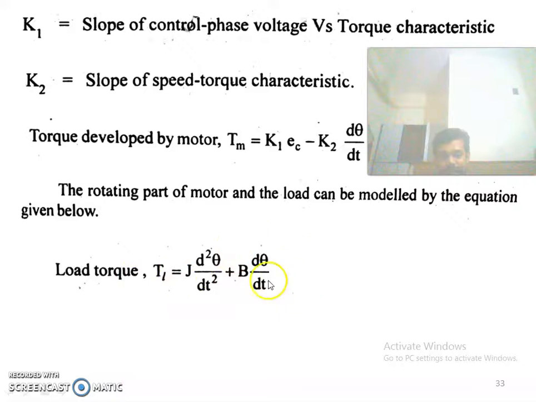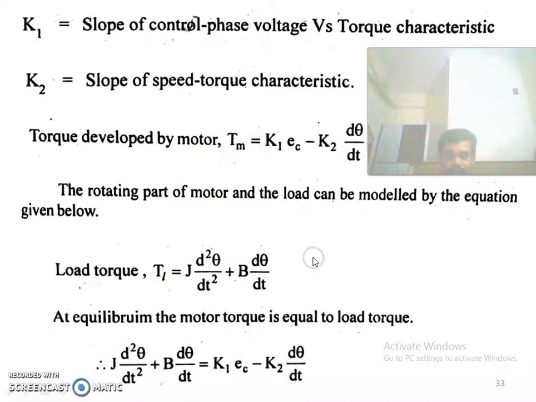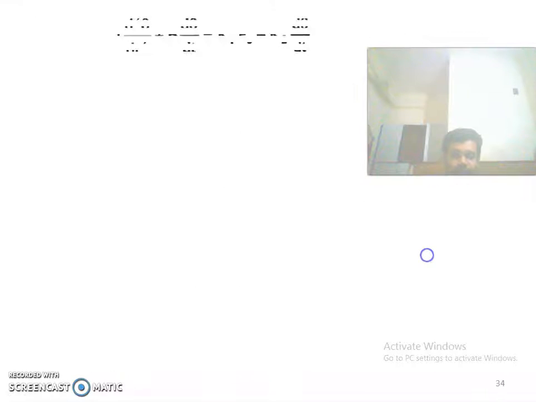We can write the differential equation. At equilibrium, the motor torque is equal to the load torque. So you can equate these two, and you will be getting J into d square theta by dt square plus B into d theta by dt is equal to K1 into EC minus K2 into d theta by dt.